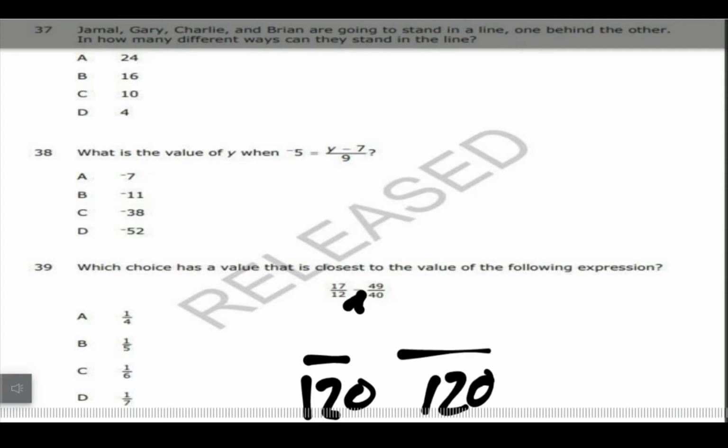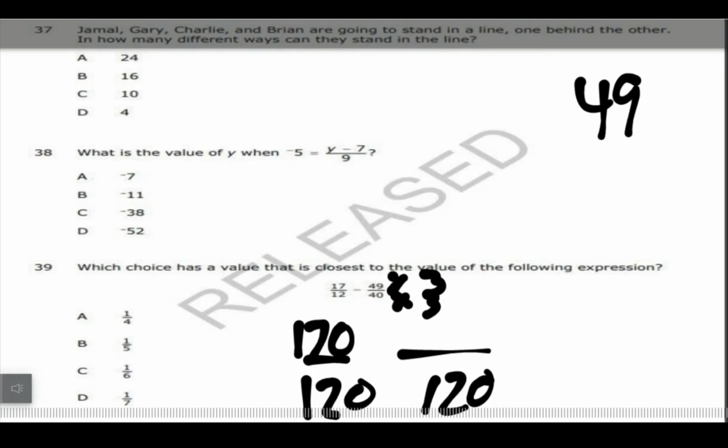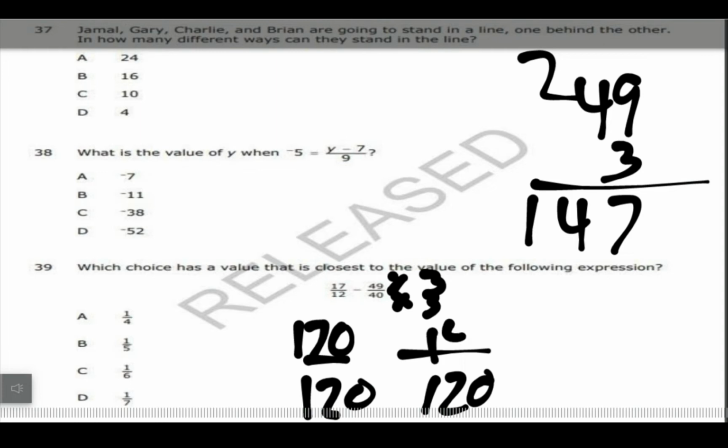If I times that by 10, 17 times 10 is 170. And this one I'd want to times by 3, so I'd want to figure out 49 times 3. That would be 27, carry my 2, and that'd be 147.